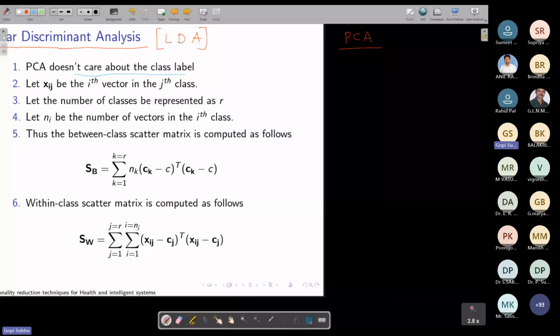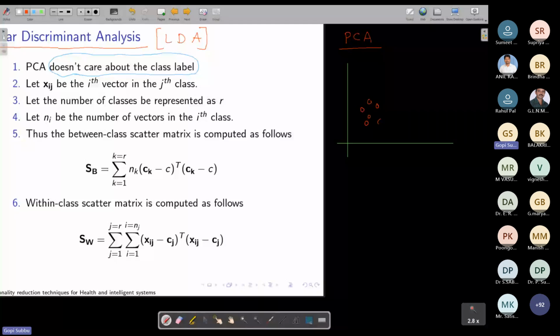So we are not taking care of the class label to do this projection. Now what if I use that? For example, again in a 2D example, you have 2D data like this, but this time I'm going to have a class label also.